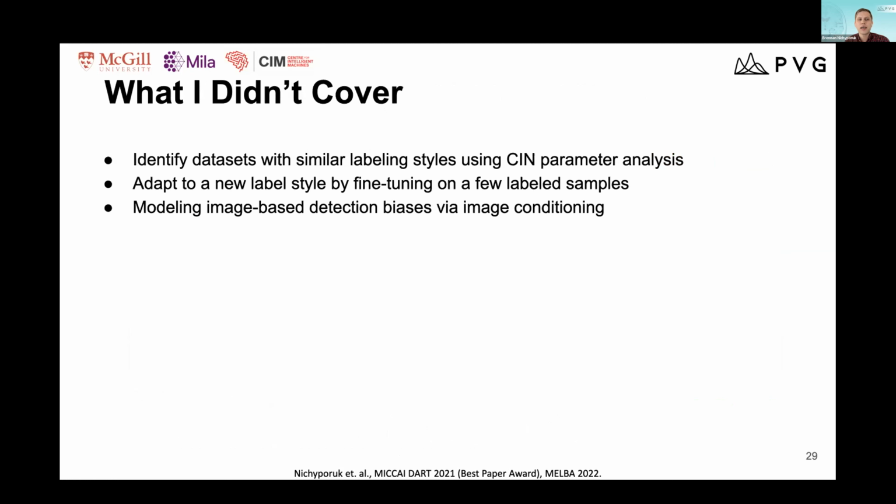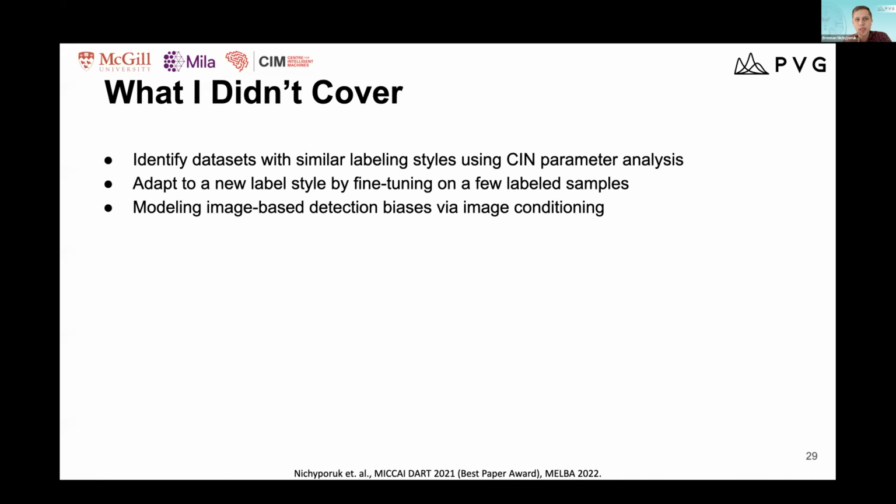So what I didn't cover was how to identify data sets with similar label styles using SIN parameter analysis. But something like this could be quite useful, as you can identify, in the context of federated learning, which sites might have similar annotation styles. I didn't look at adapting to a new label style by fine tuning on a few labeled examples.